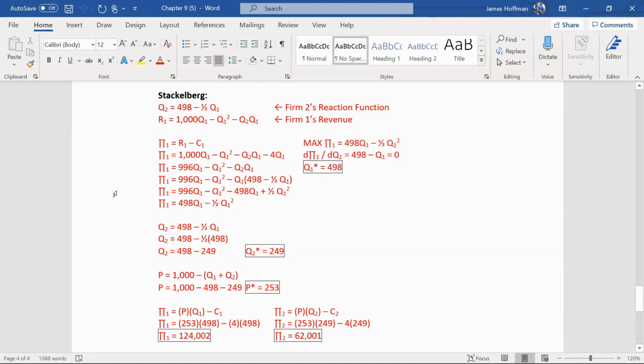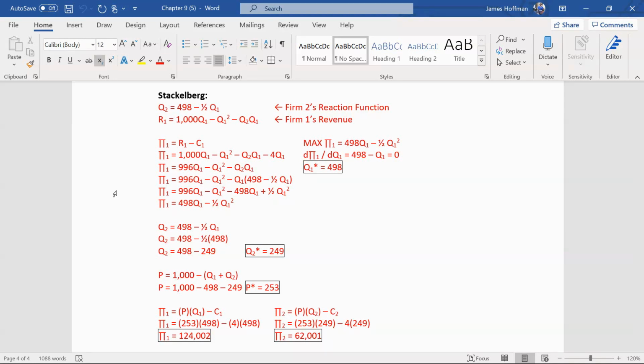Okay, because that's how firm 2 would react, and firm 1 knows that, so it's going to use that to choose its best profit-maximizing output. So we'll simplify here. We get 996 Q1 minus Q1 squared minus Q1, and then plug in the reaction function for Q2 of 498 minus 1 half Q1.